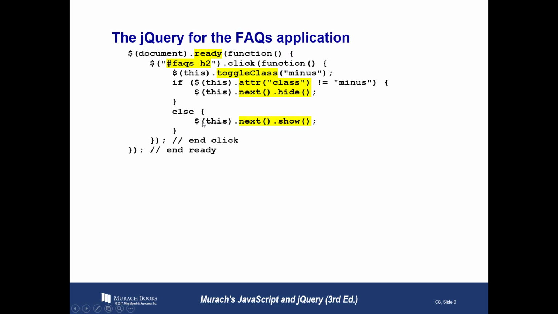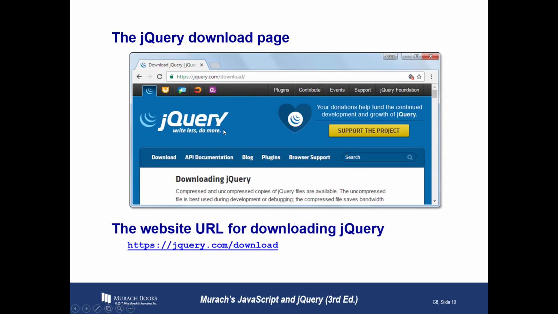Here's the CSS. Here's the jQuery. What you're saying here is anytime you click an ID named faq and an H2 tag underneath that, you'll want to change the plus to a minus or the minus to a plus and show what you just chose.